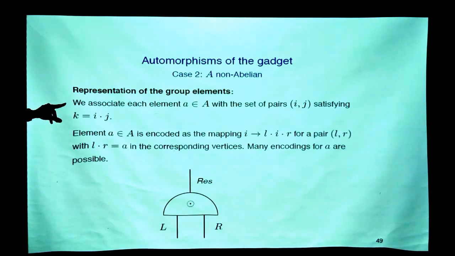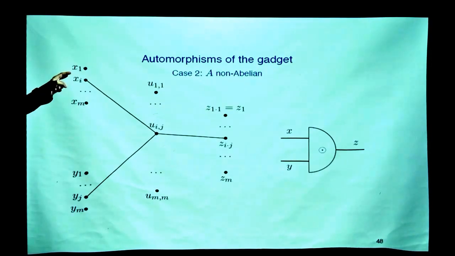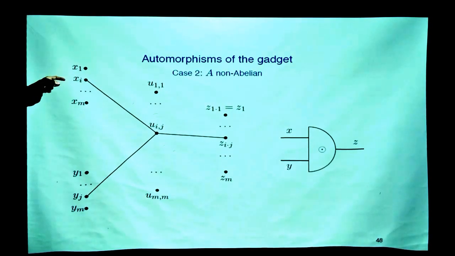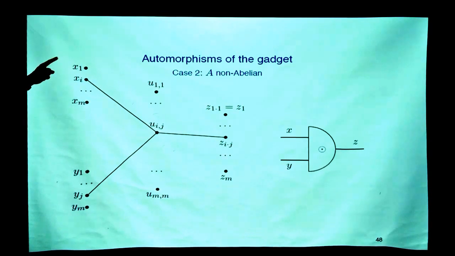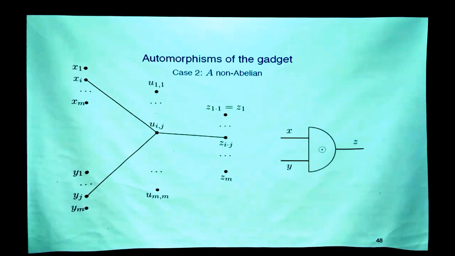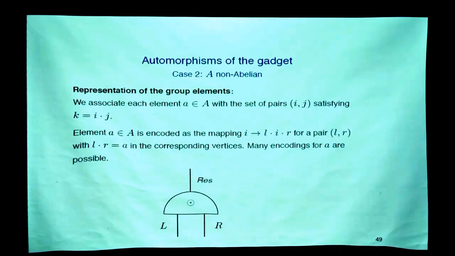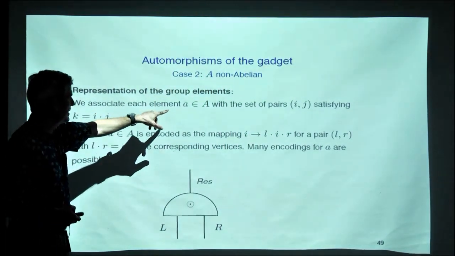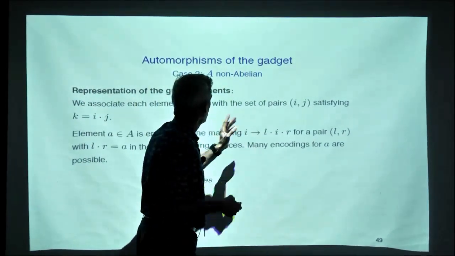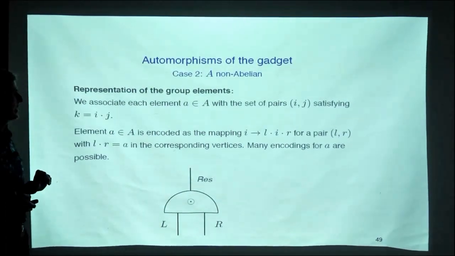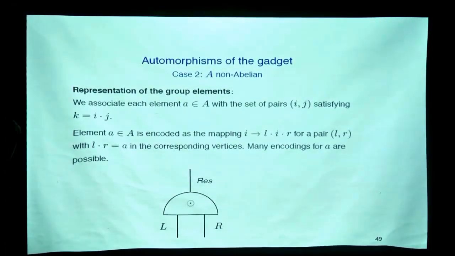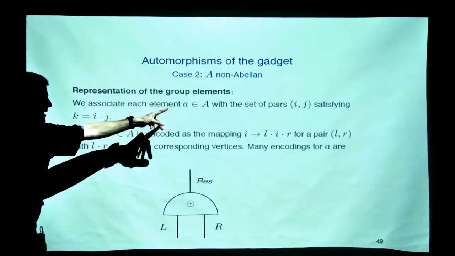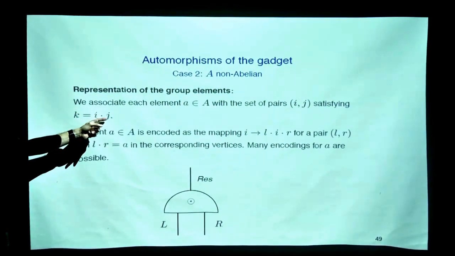Before, we were representing the elements, where element a, with i being represented by a times i. Here, the way we do it is that each element in the group will be associated with a set of pairs ij, which should be k.